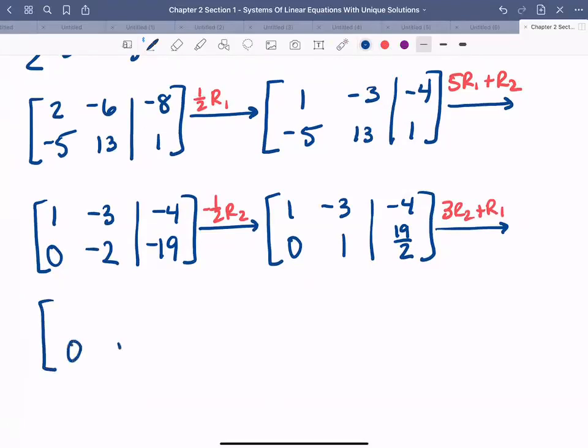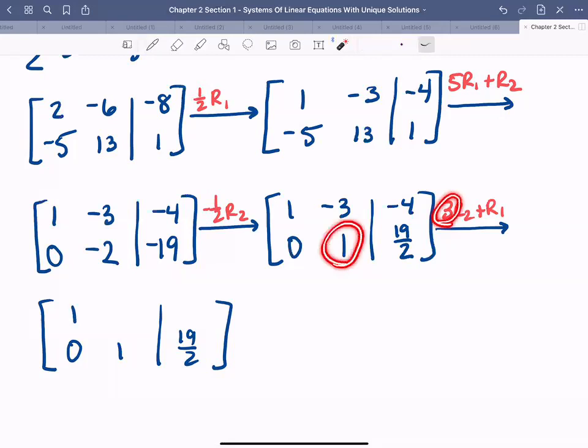This one, I am not changing that bottom row. So 0 times 3 is 0, plus this 1 here is just 1. And then now I have 3 times 1 is 3. And then I basically have 3 plus negative 3, which is 0, which was our goal.